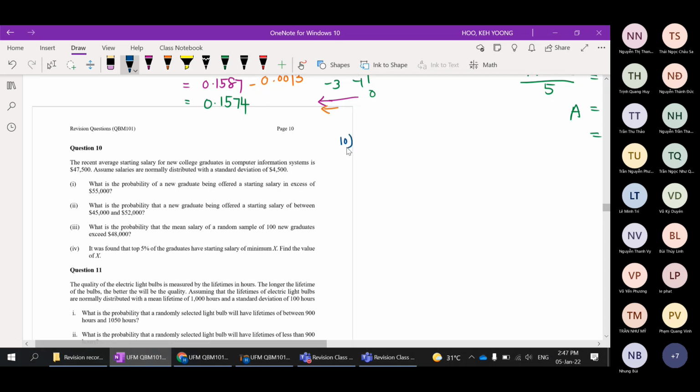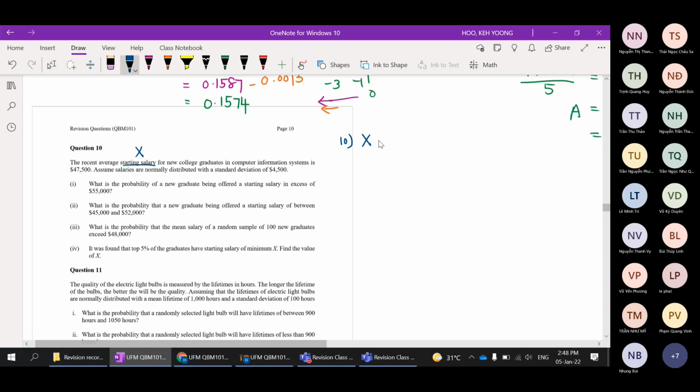The average starting salary for new college graduates in computer information systems is 47,500. Assume the salaries are normally distributed with a standard deviation of 4,500. Find the following probabilities. The starting salary is our X, a continuous variable.